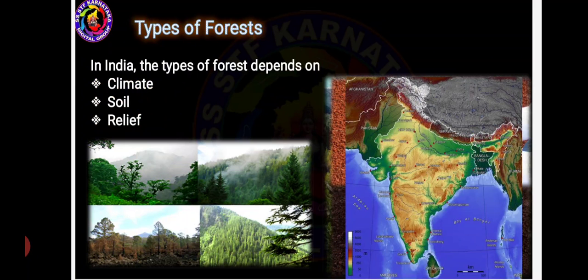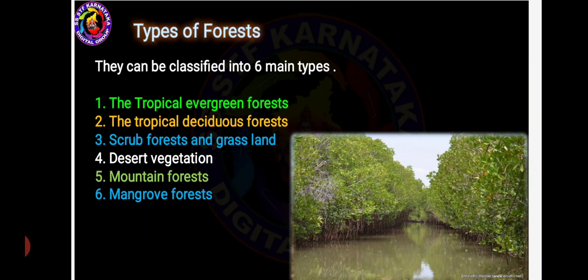Let us study the types of forests. Types of forest depend on some factors. The important factors are climate, soil, and relief, which means surface of the land or location. There are 6 types of forests. 1.